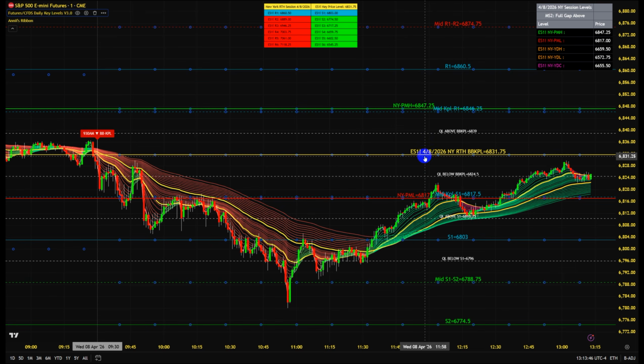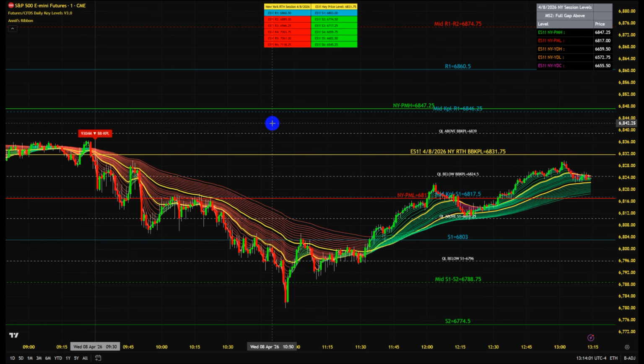And it's occurring before the one level move in our favor, which in the case of this S1 trade would be a move back to the BBKPL level. All right, well, now let's just look at the exact breakdown here off of this trade and look at the amount of points that we're getting on both a scalp and a regular trade.